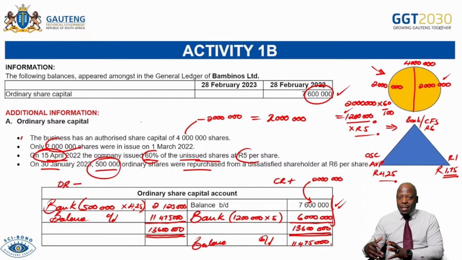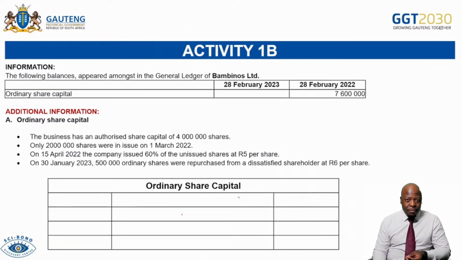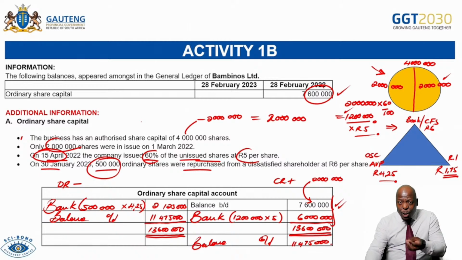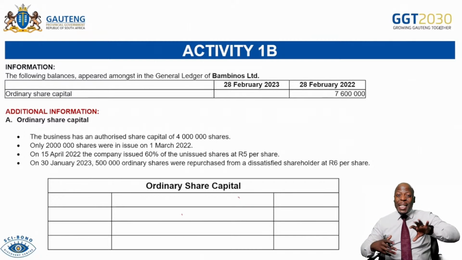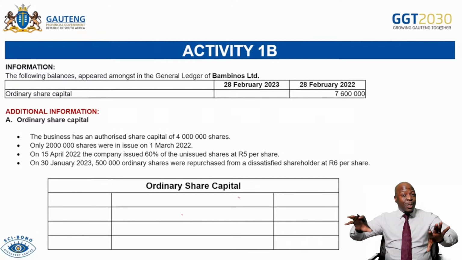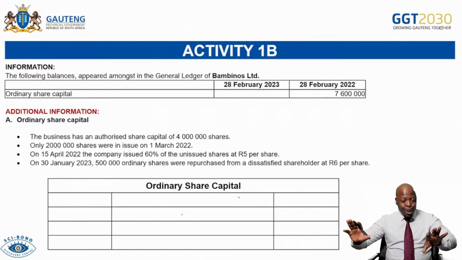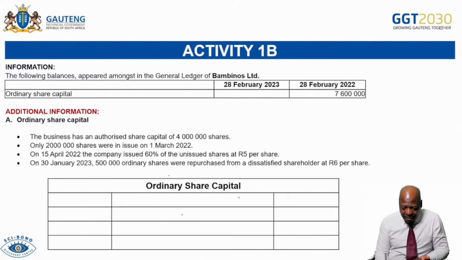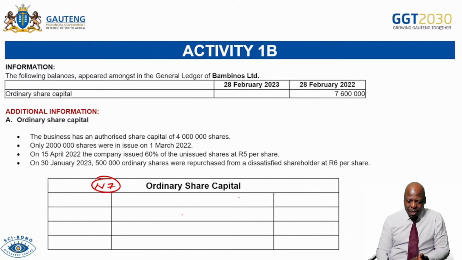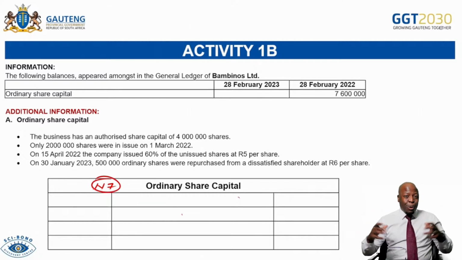But as you go maybe to the test and you go to your June exam, your prelim and your final exam, they normally would ask the notes. So this ledger account is the same as the note. So we want to do the note and we see whatever we did in the ledger account is the same as the one in the note. Okay, so we want to do the note now. Good. And this is called note number 7. The ordinary share capital. So it must have a top part which speaks about the authorized share capital.